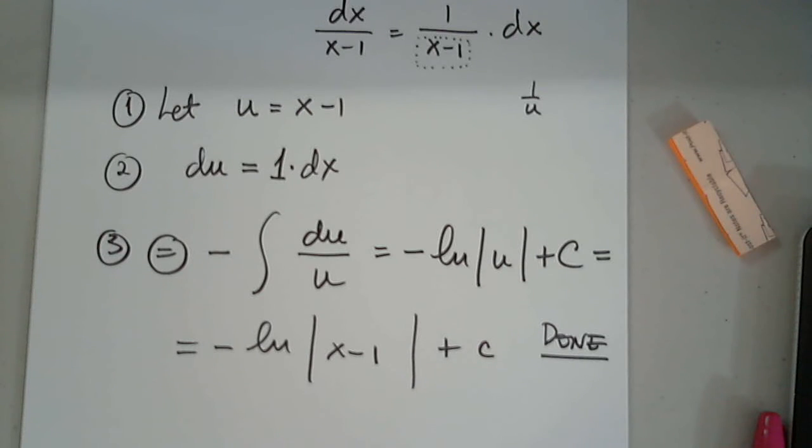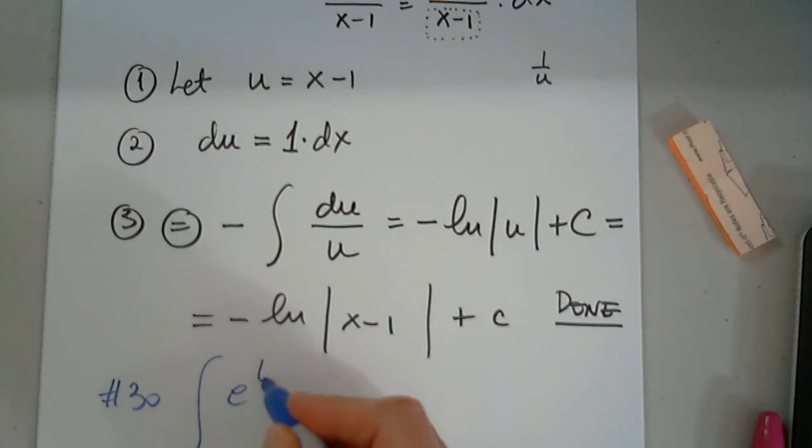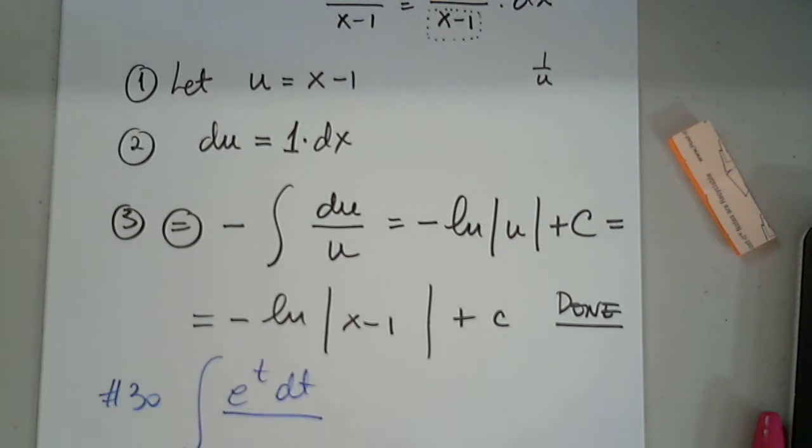But if you're taught a different method, I'm fine with it. So 30 or 32, any preference? Or both? Okay, 30. Let's start with 30. Okay, the integral e to t dt divided by 3 plus e to t.